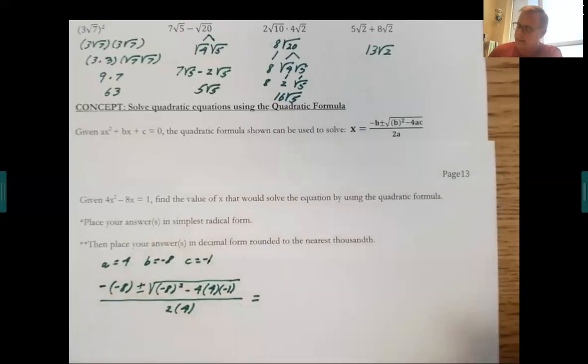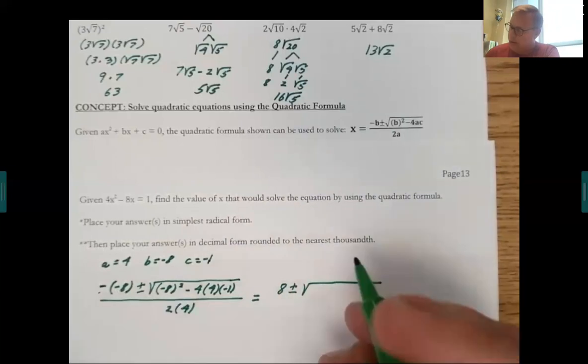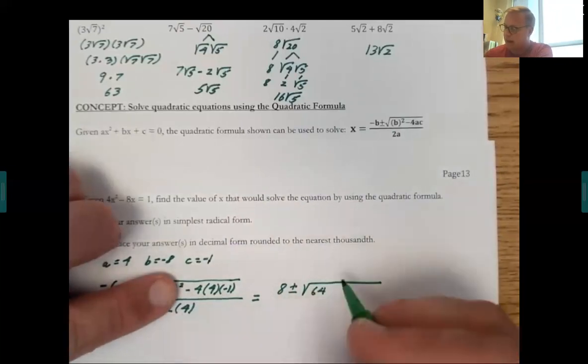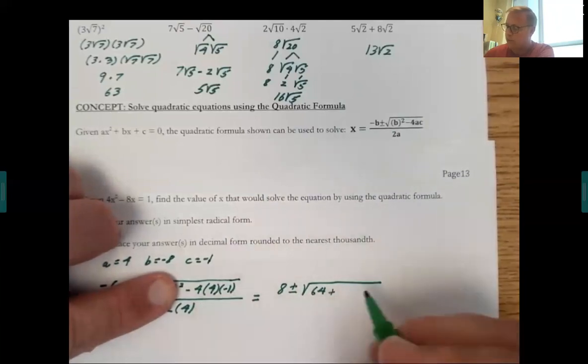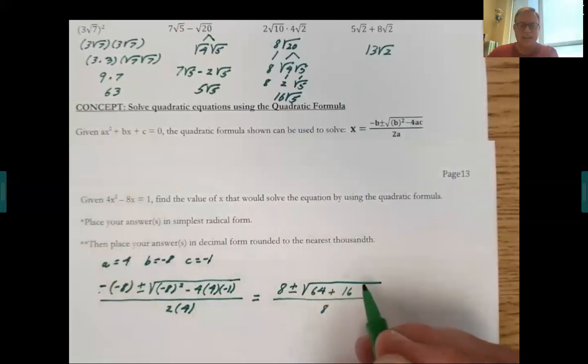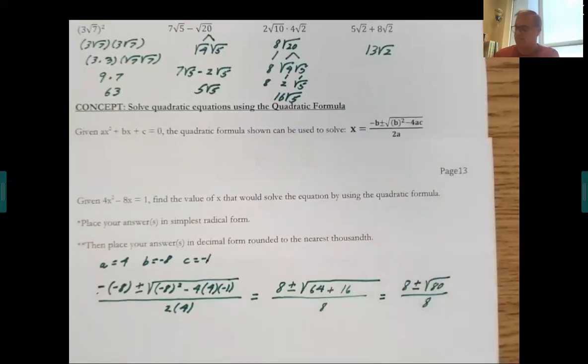A negative times a negative is a positive, or the opposite of -8 is 8. -8 squared is 64, and this little portion right here, negative times a negative is positive, and 4 times 4 times 1 is 16, all over 2 times 4, which is 8. And we get to this point where it's 8 plus or minus the square root of 80, all over 8. That's a lot of 8s in that problem.